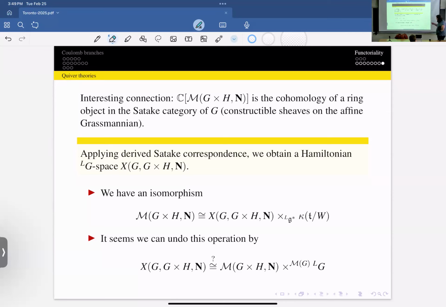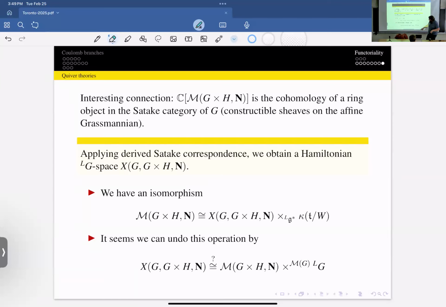So I think one kind of interesting thing about this story is it suggests how to undo this operation, how to start with the Coulomb branch and reconstruct this X. And it suggests that all you should do is multiply by the Langlands dual group and then mod out by these centralizers.